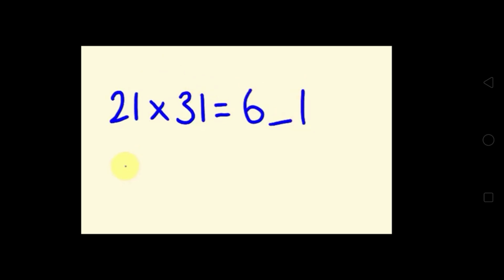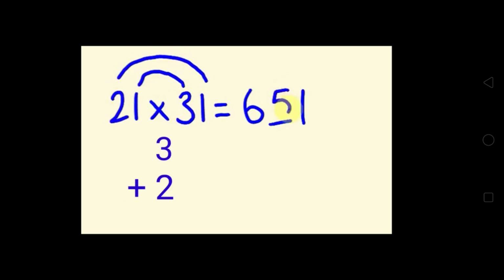So 1 times 1 is 1. Now to get the middle number, we multiply the outer digits and then we multiply the inner digits. So 1 times 2 is 2. And then 3 times 1 is 3. And then add 3 plus 2 is 5. So that will be our inner digit.